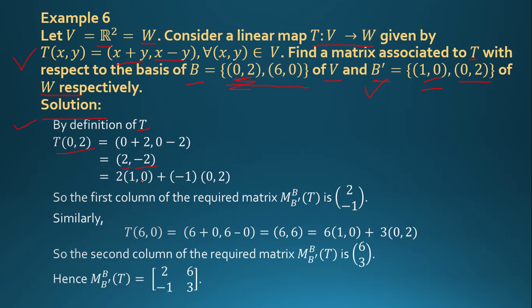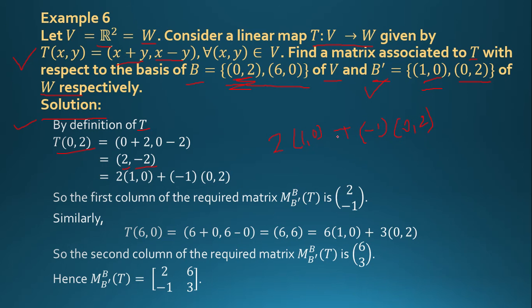So 2 into (1, 0) plus minus 2, minus 2 can be written as minus 1 into (0, 2).